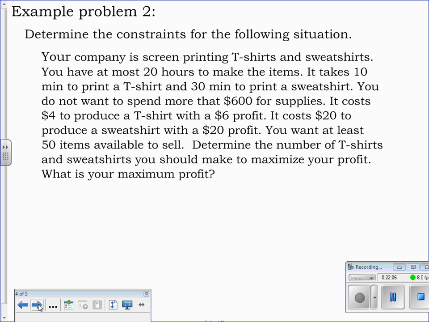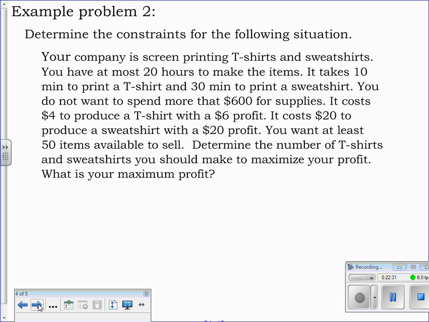Okay. So this last one is actually just determining the constraints. It's not actually solving it. We're not going to graph it. But this is an example of where the constraints would be coming from. So your company is screen printing T-shirts and sweatshirts. You have at most 20 hours to make the items. It takes 10 minutes to print a T-shirt and 30 minutes to print a sweatshirt.